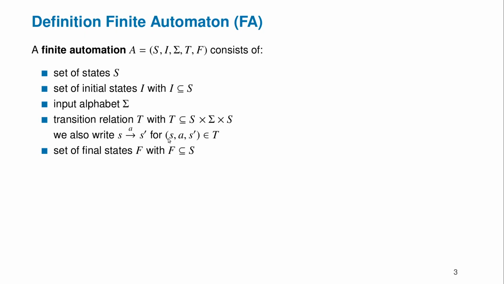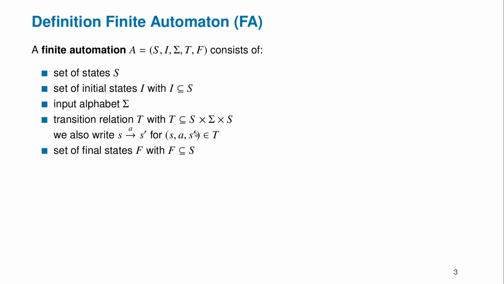with having a transition relation, we are allowed to model the situation that we have one source state, and then we have two outgoing edges from the start state S, which are both labeled with the same symbol, but which end up in a different target state.